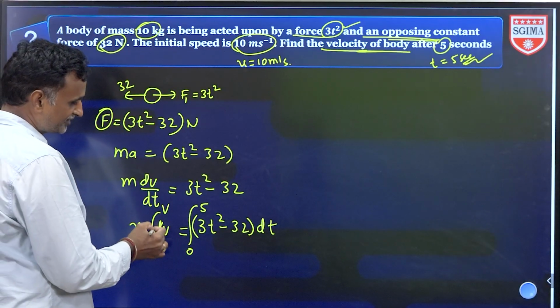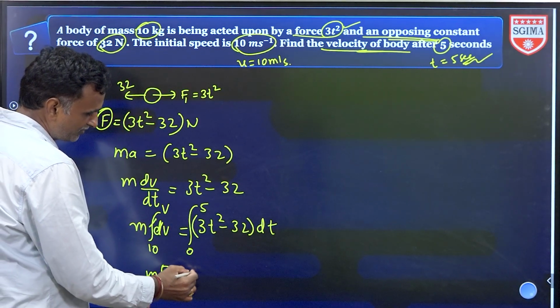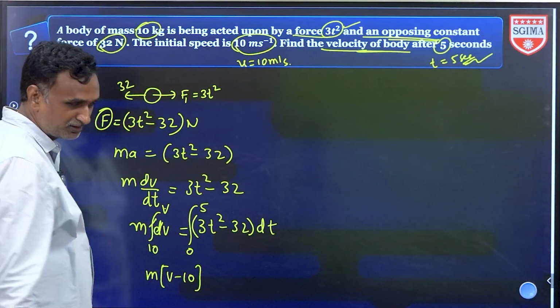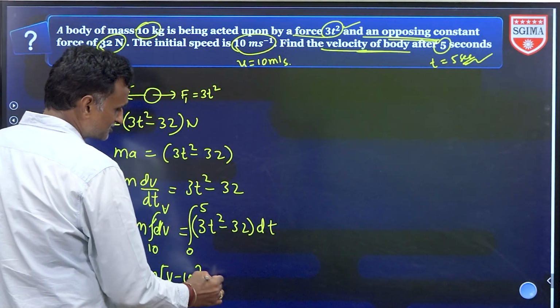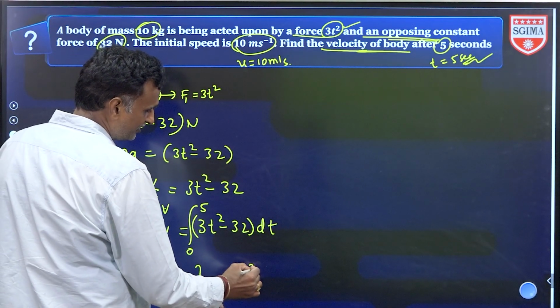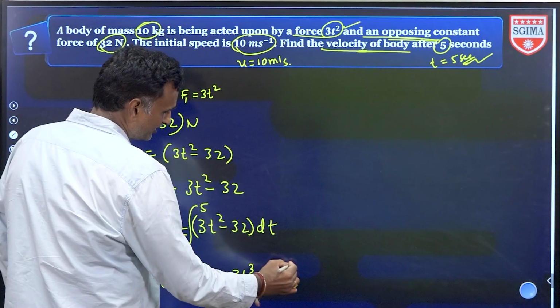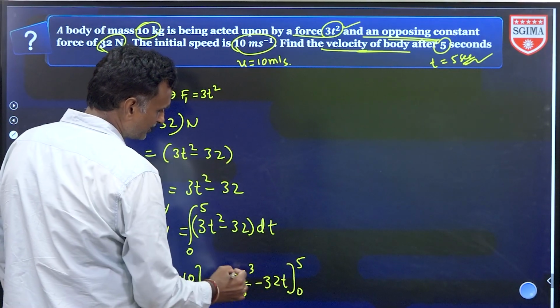The integration of dv will be v only. So we can write m into (v minus 10), upper limit minus lower limit, equals the integration of 3t², which will be 3t³ by 3 minus 32t, from 0 to 5 seconds.